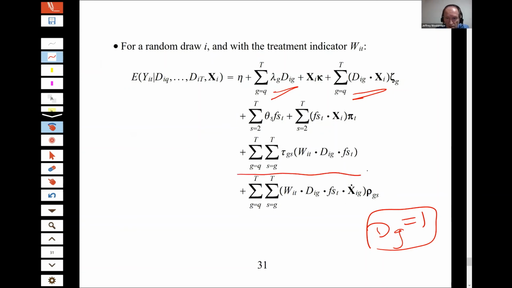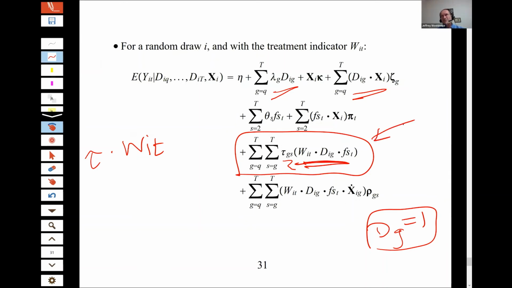Instead of having all of these terms, all of these treatments and all of these indicator statuses, all of this is replaced with W_it, and we multiply it by a single tau. This is the formula of the sum of the first T minus Q integers or something, which is how many treatment effects there are here.